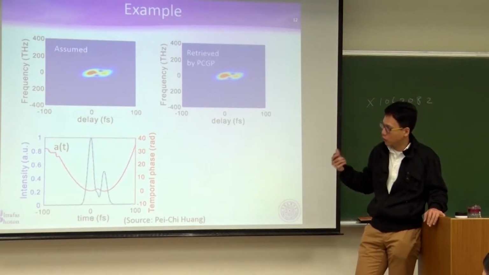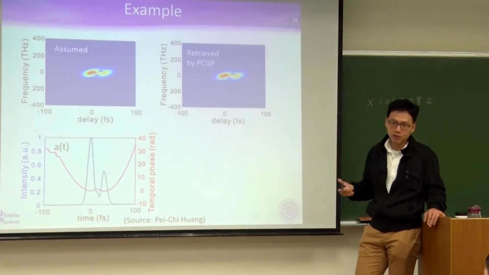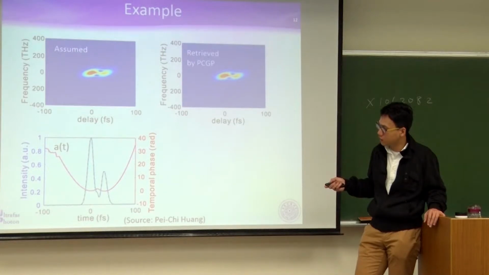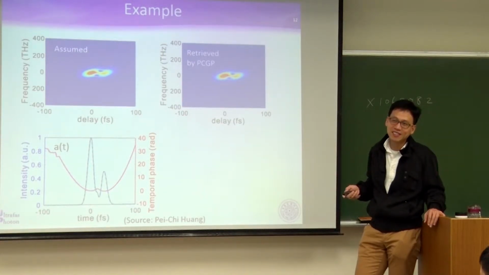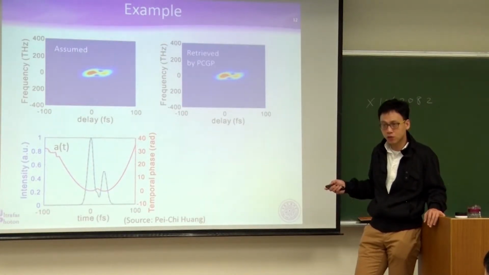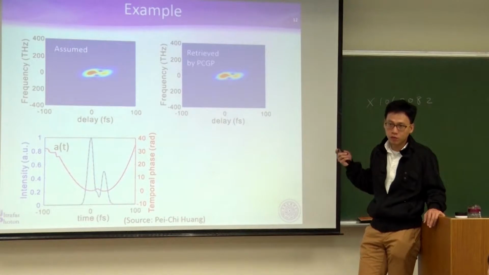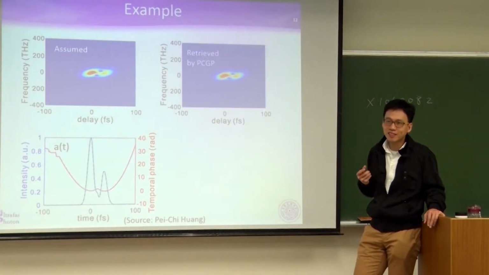One, the assumed temporal intensity and temporal phase. The other, the retrieved temporal intensity and temporal phase. And you can hardly tell the difference, right? That means the performance is pretty good. PCGP almost gives you a very perfect retrieval of temporal intensity and phase.